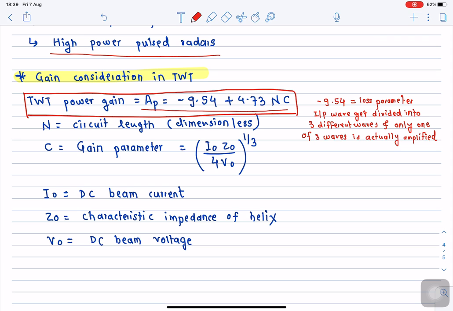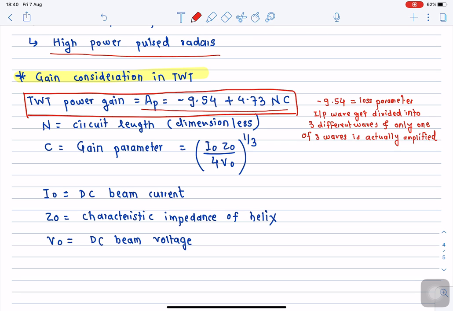This loss is happening because the input wave, the microwave signal that we give as an input signal, will get divided into three waves with equal magnitude, and out of these three waves only one will get amplified, right? So that's why this loss factor we need to take into account while calculating the power gain of the traveling wave tube amplifier.